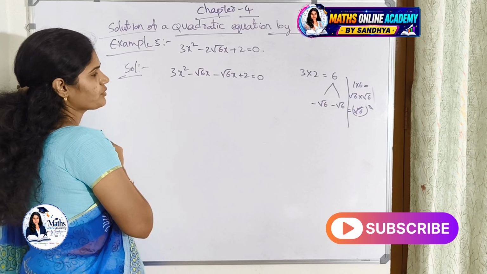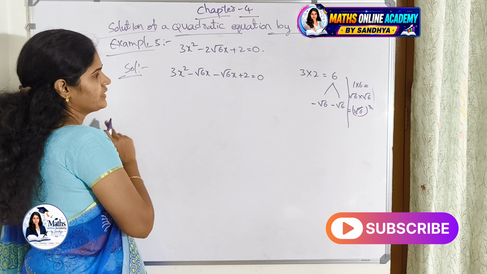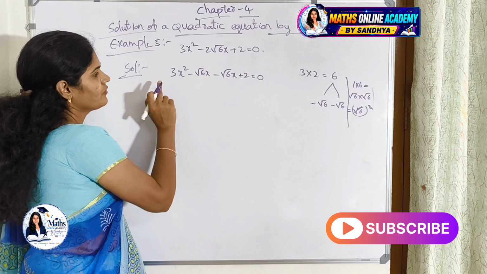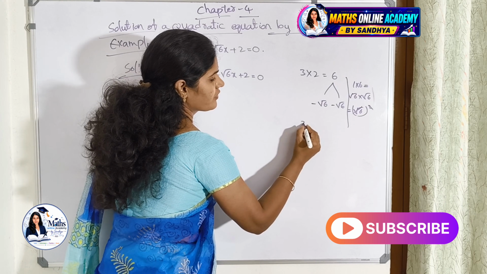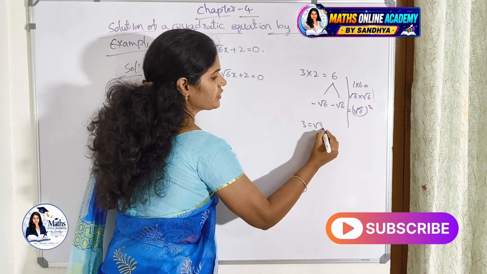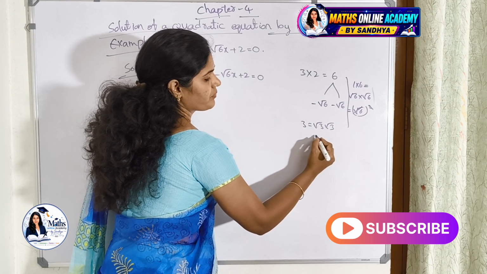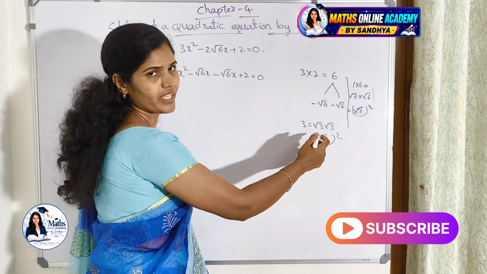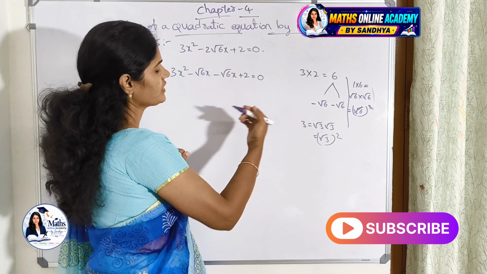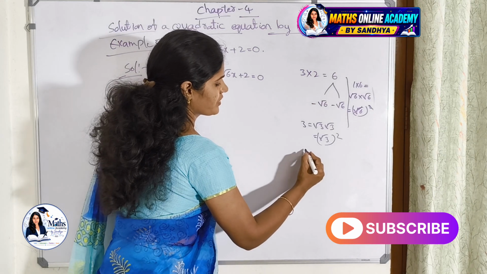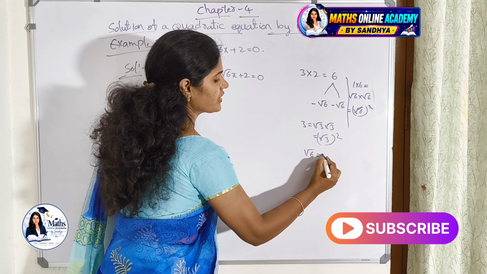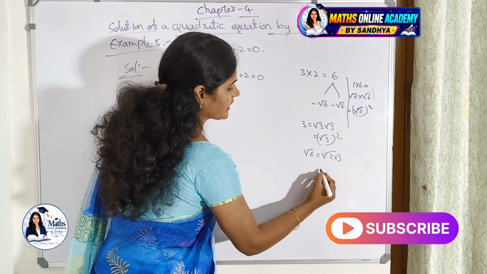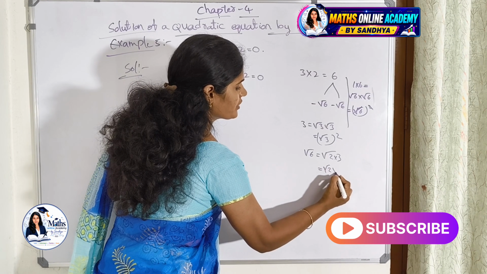Okay, we want to take common. Here is the 3, here is the root 6. For 3, can we write root 3 into root 3? Root 3 whole square, root and square cancel, you get 3. And for root 6, can you write root 2 into root 3, and again root 2 into root 3?